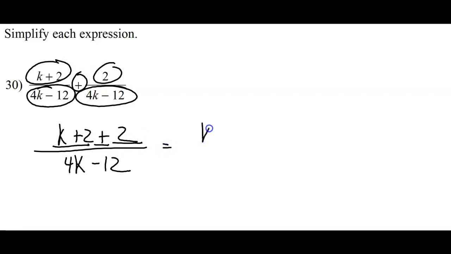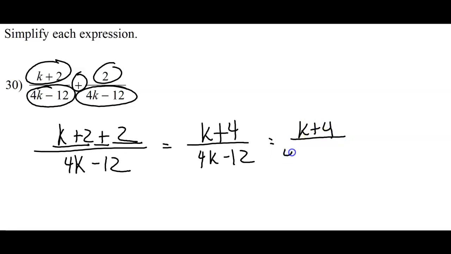We can go ahead and simplify this. This is going to be k plus 4 over 4k minus 12. Now sometimes, but almost never, you may have to reduce these afterwards. On this problem, we can factor the bottom, but as you can see, it doesn't reduce anyway, so there's no point in doing that.